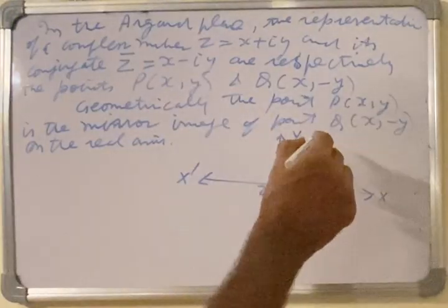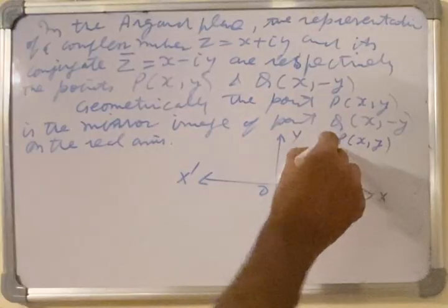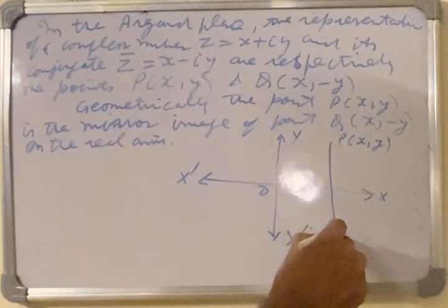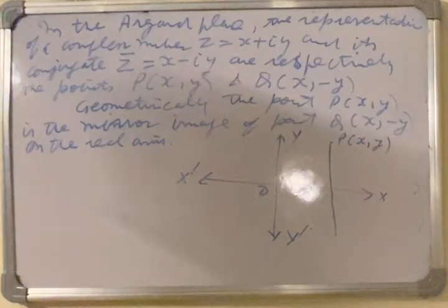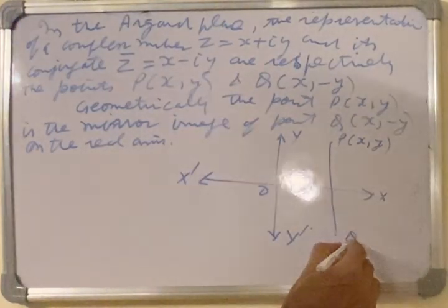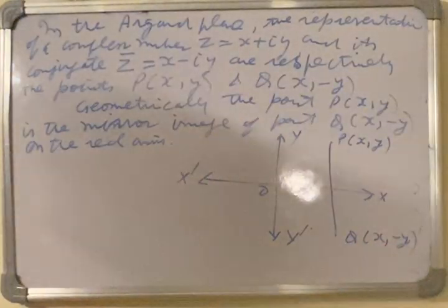Therefore, if this is point P(x, y), then its image with respect to the real axis x to x dash is Q(x, minus y). These are the images.